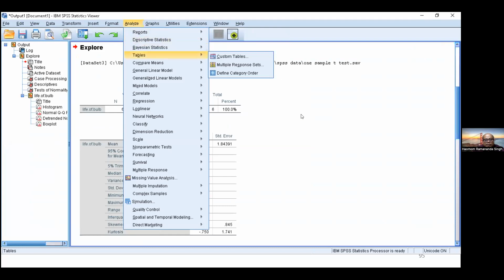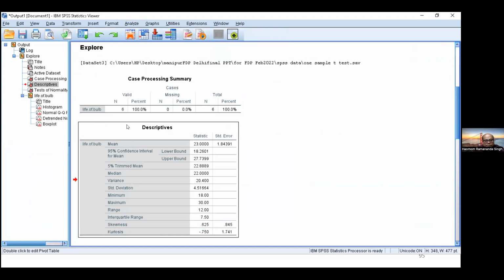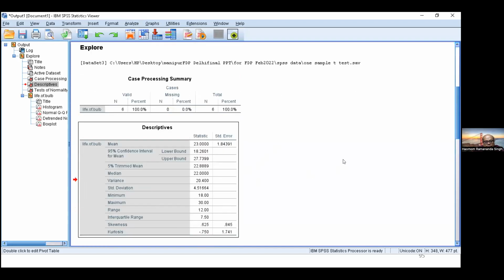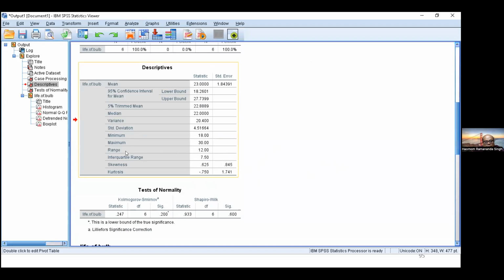Sorry, why is it slow? No, please note down this one.